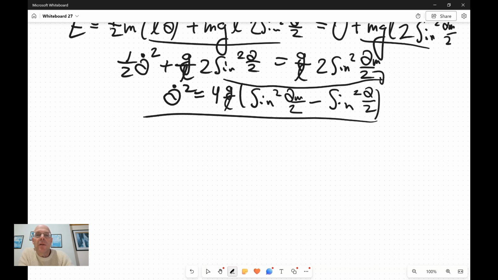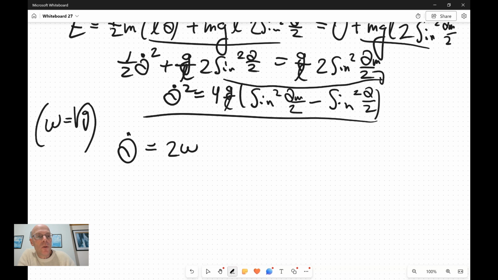So this is essentially the way to solve this problem, because theta dot is 2 omega times the square root of that, and omega is simply square root of g over L. It's just a name. I define omega as square root of g over L. Of course, we know that this is the relevant omega for small angles, but for the moment, this is just a definition.